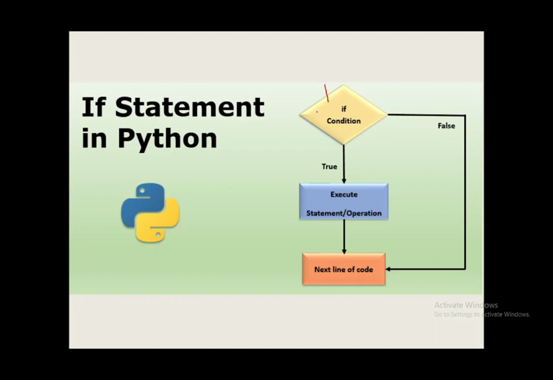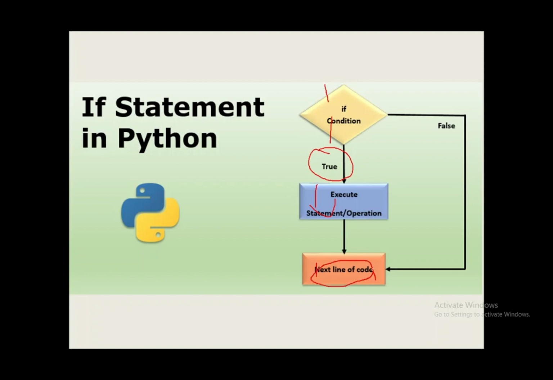Here the condition will be evaluated to a Boolean expression, true or false. If the condition is true, if apple is present in the list, the statement inside the block will be executed. If no alternative statement or condition is provided, the program will jump to execute the next block of code.